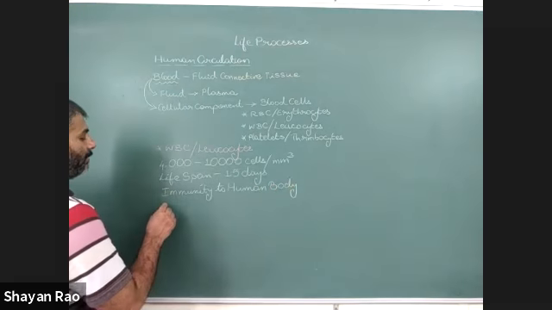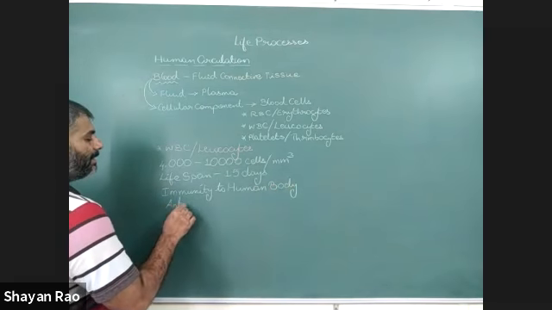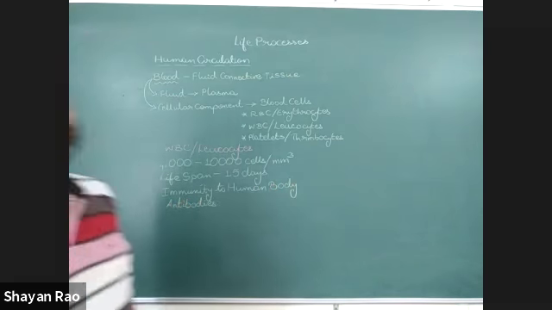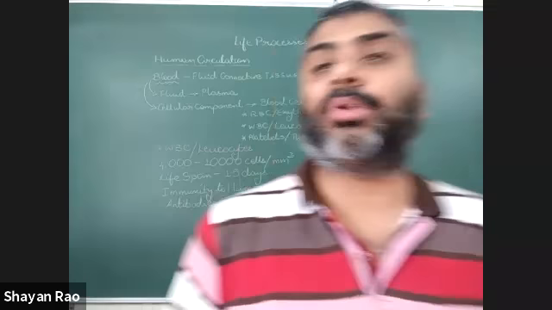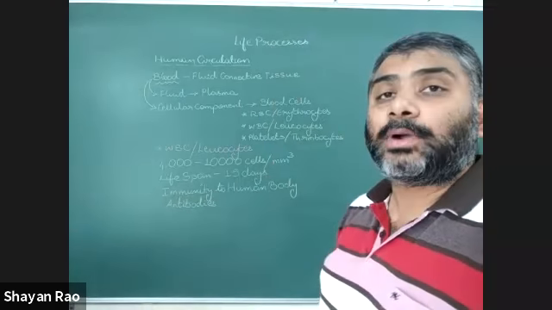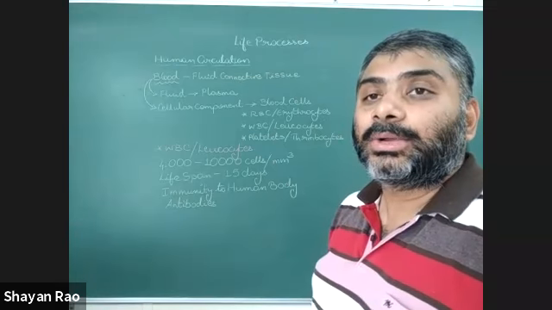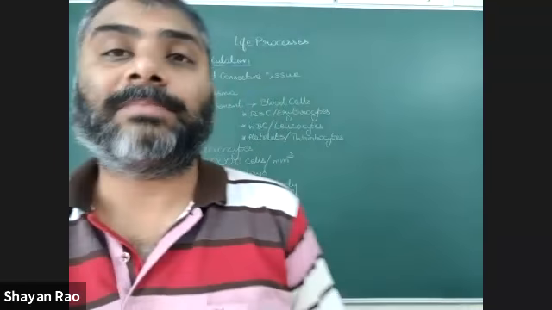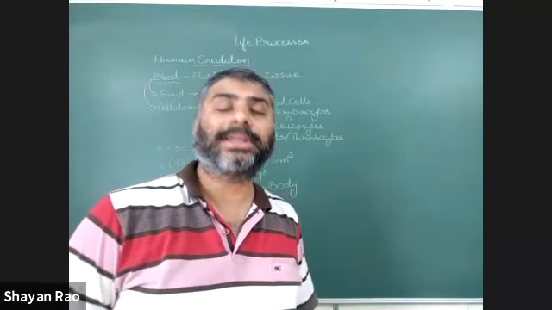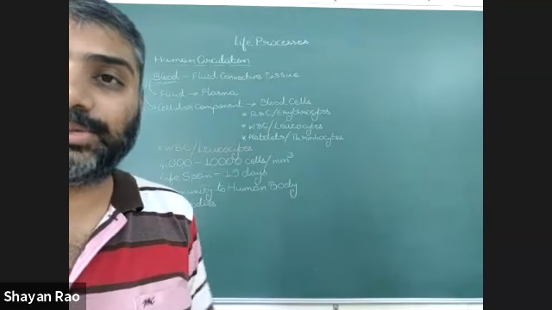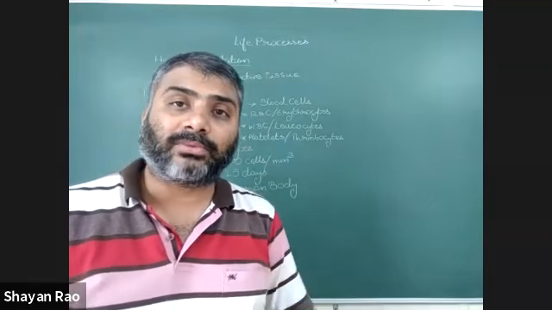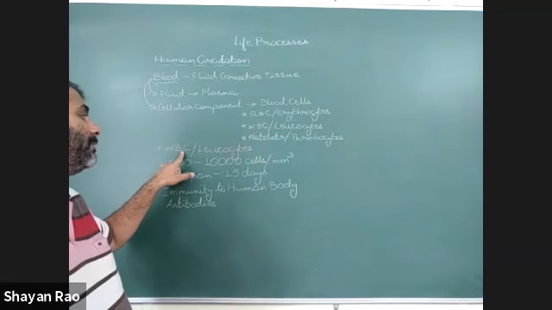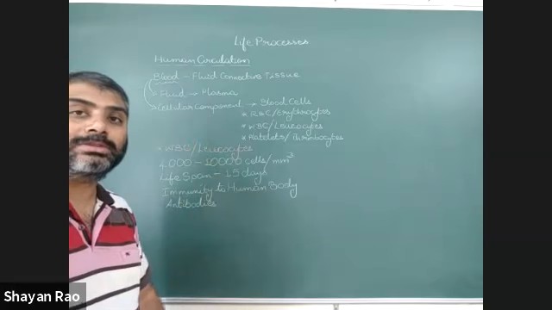In what way is it going to produce immunity? Immunity will be produced in the form of producing antibodies. So WBC produces antibodies, and these antibodies are mainly required to fight against the antigens. So when any microorganism or pathogen enters the human body, it produces antigens. To counteract the effect of antigens, we require antibodies produced by this WBC or the leukocytes.